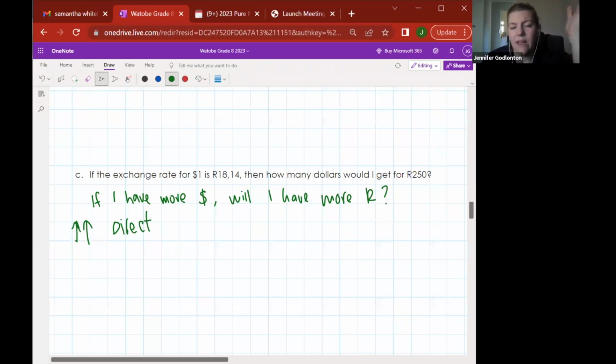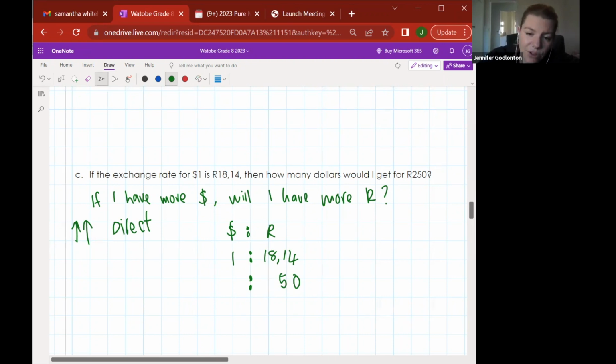Okay. And when it's direct, we're going to think ratio. So we're going to draw ourselves our little table. We've got dollars and we've got rands. $1 is 18 Rand and 14 cents. And I want to know what I would get for 250 Rand. So again, you've got two options here.